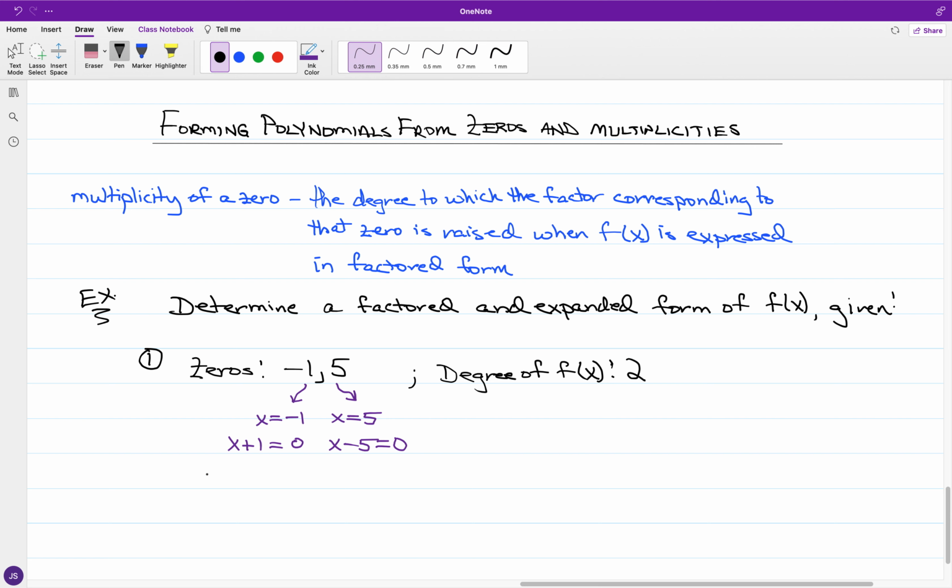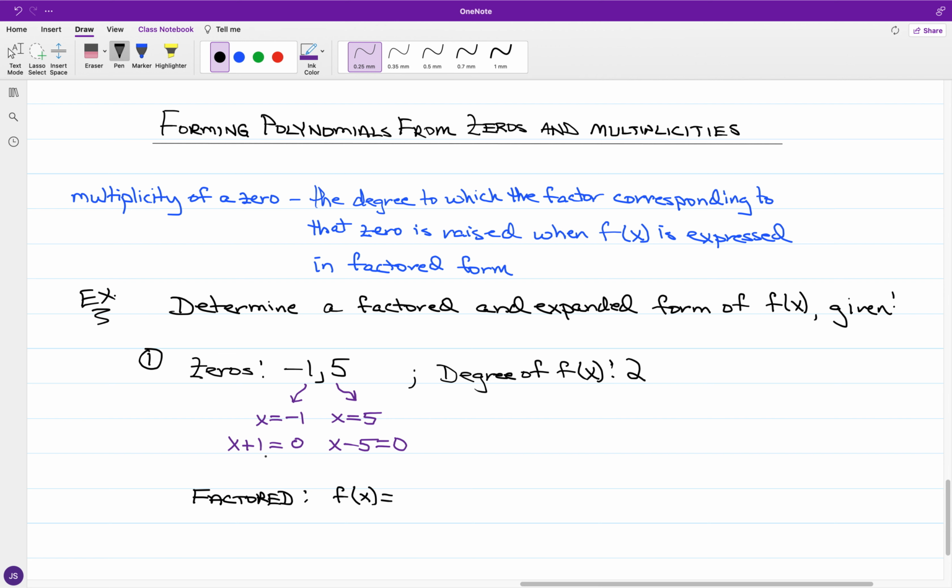And so for a factored form of f of x, this is going to be a second degree expression that has these zeros.